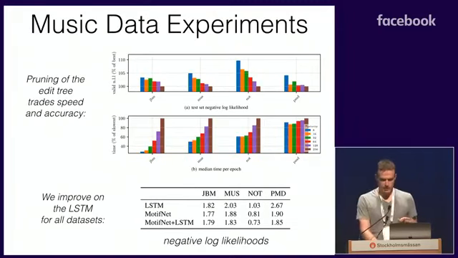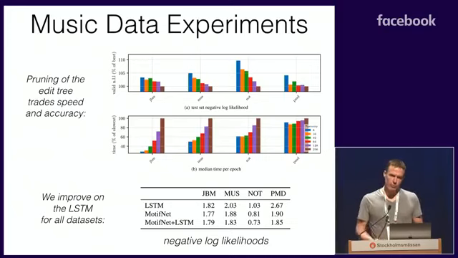So we also have some real data experiments. An interesting thing about the edit tree is that what I didn't mention about the algorithm that I showed you for the motif net was that it's cubic time, obviously. If you search over all previous points and all lengths of suffix, you have a triple loop, it's a cubic time algorithm. So it's intractable.